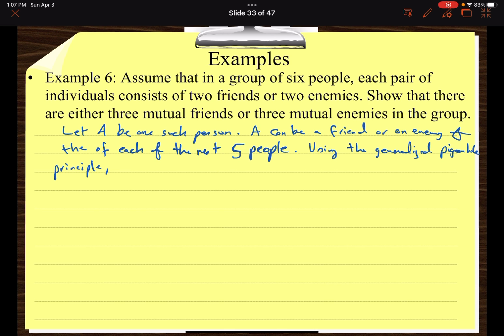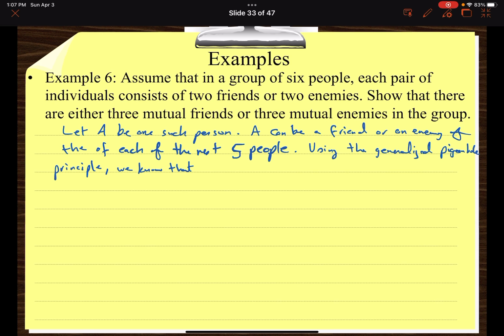Five? Didn't we say the ceiling of n over k? We have 5, each one of them is either friend or enemy, so the ceiling of 5 over 2. So we know for sure that we have either 3 friends with A or 3 enemies with A, right?